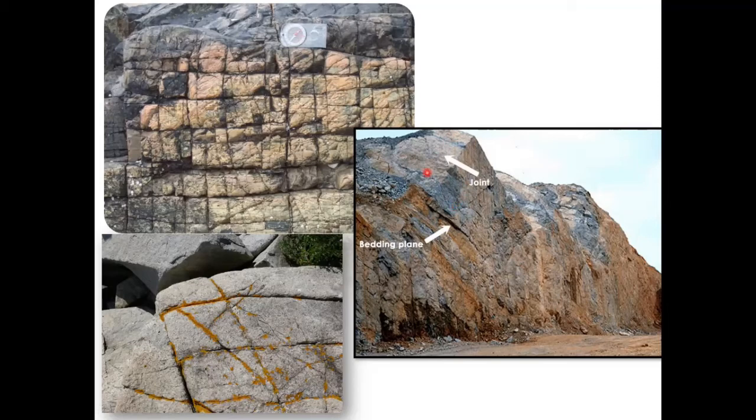After you find one or two joints in an outcrop, the second task should be finding the same or similarly oriented structures on the outcrop. You have to make sure if it's a regional scale joint formation. If it's a regional scale deformation, or a deformation stage affecting your whole study area, you should be able to find more than one or two joints in the same outcrop oriented similarly.